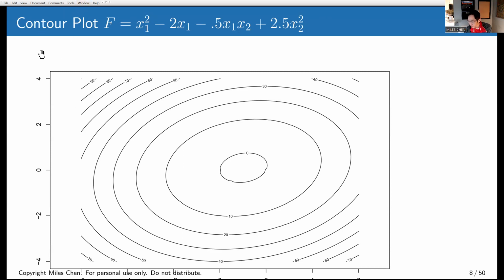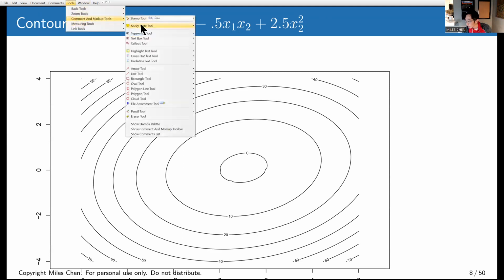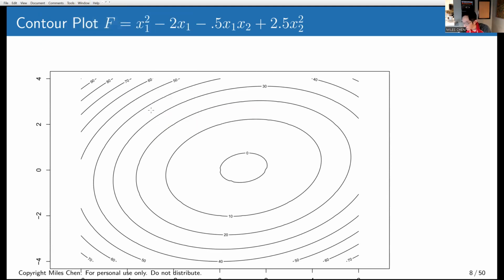So here's my location at -5, 4, and I've got this vector pointing in the direction -14, 22.5. This is the direction of steepest ascent.